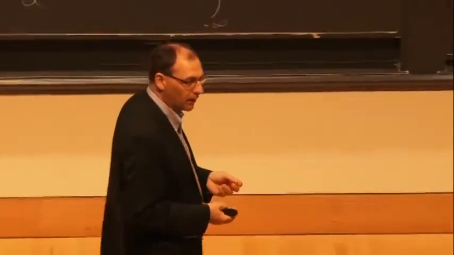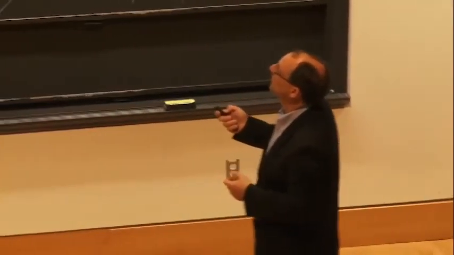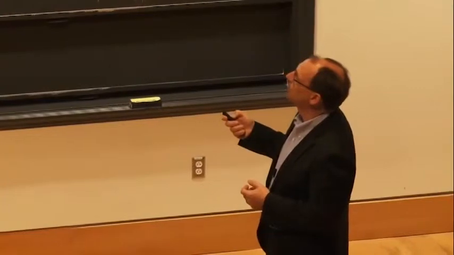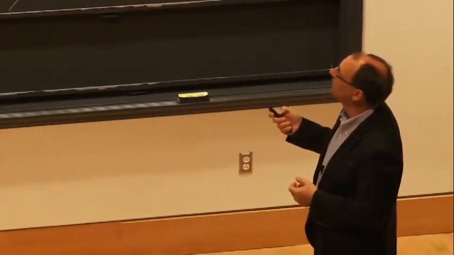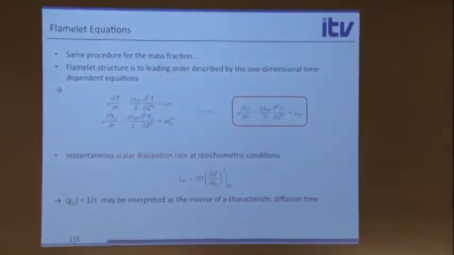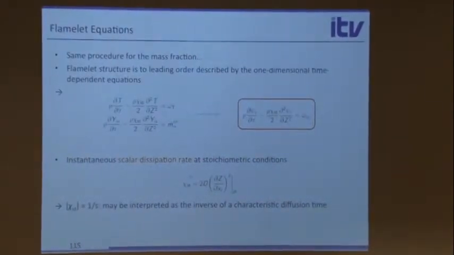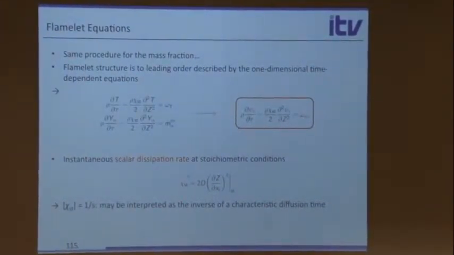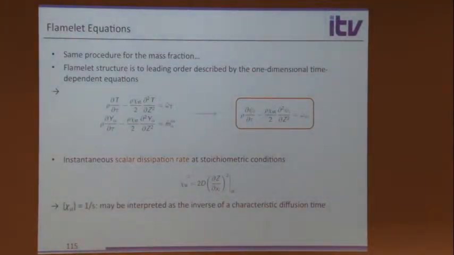Scalar variance, that is molecular dissipation of scalar variance, that is molecular mixing. The molecular mixing here is very obvious; it enables the chemistry, making it faster also.